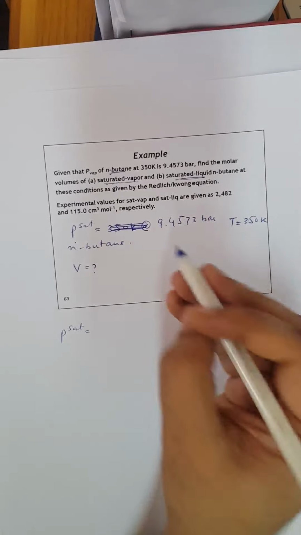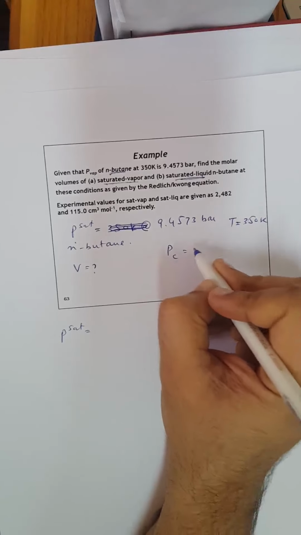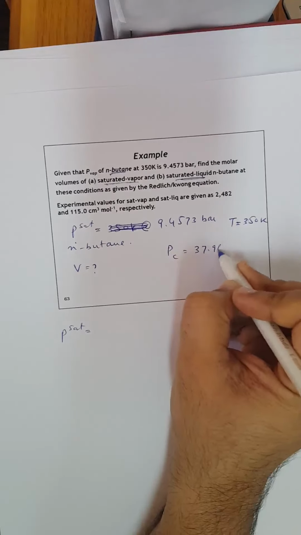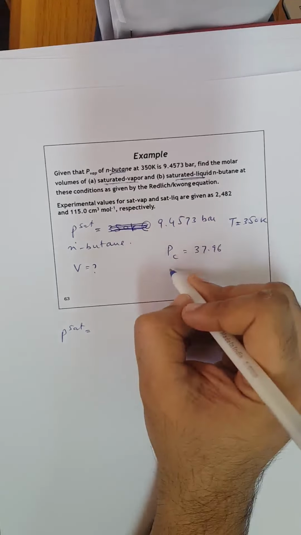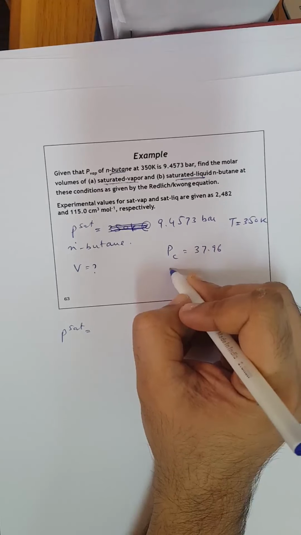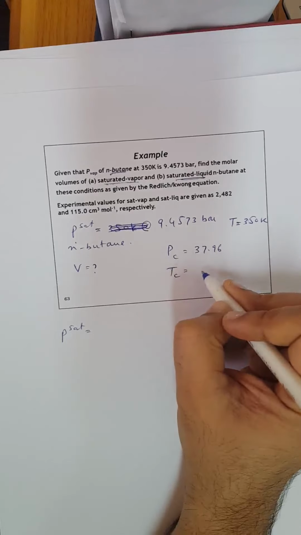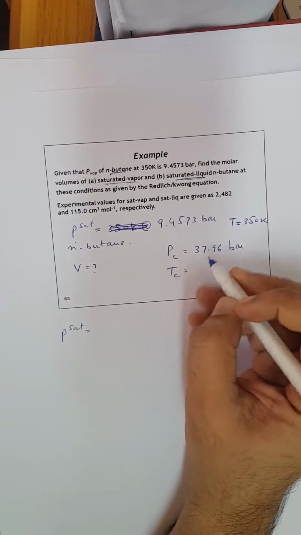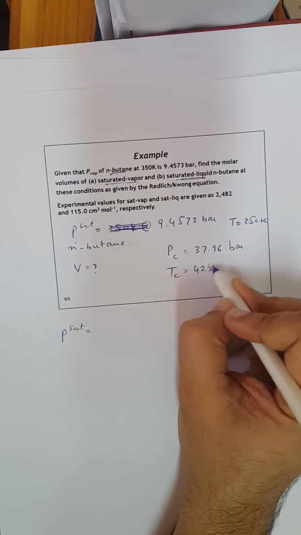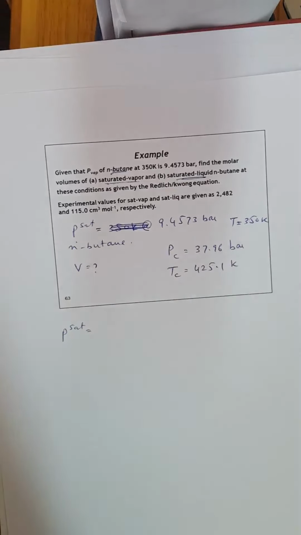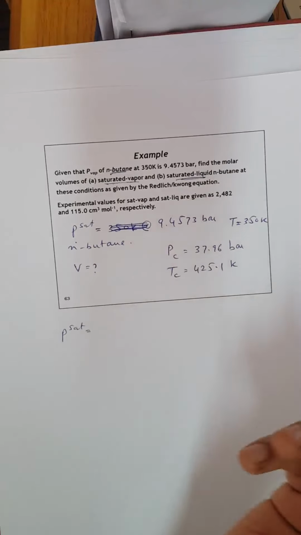The PC value is given; you can find it from appendix B. The TC value is 425.1 Kelvin. Then we see the omega value.